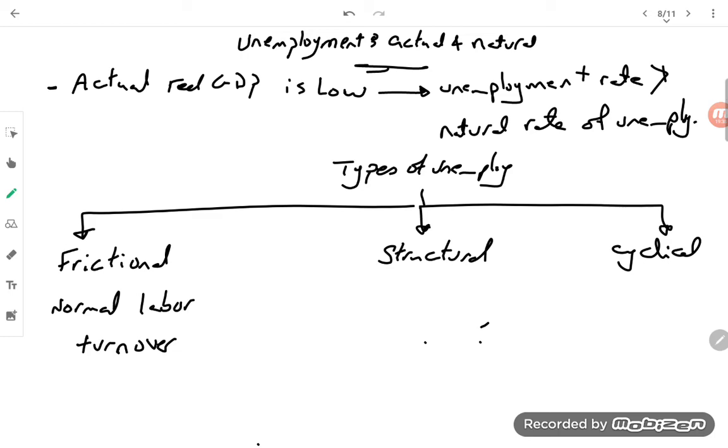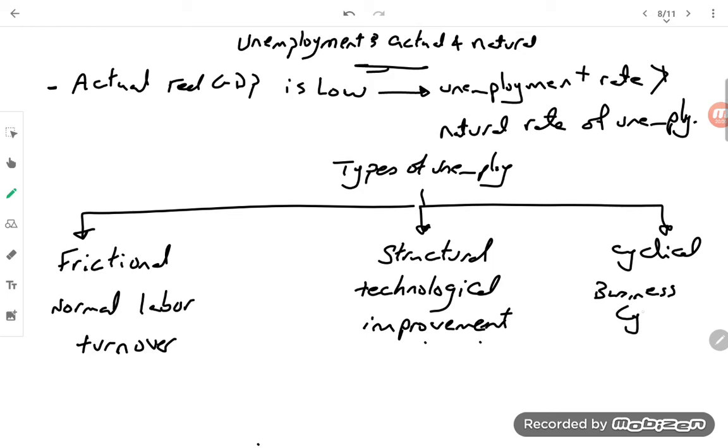And structural unemployment occurs due to technological improvement. And with respect to cyclical unemployment, it's related to the business cycle, which means that during recession, cyclical unemployment will increase, while during expansion, cyclical unemployment will decrease.